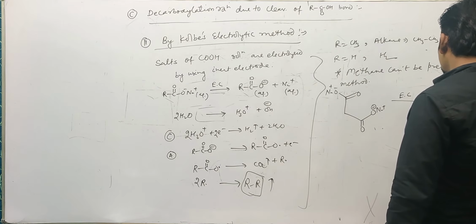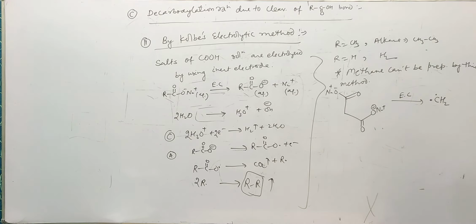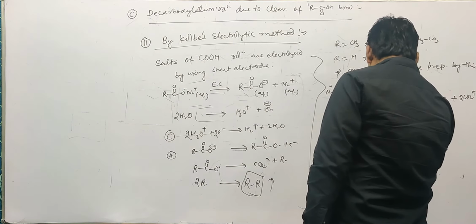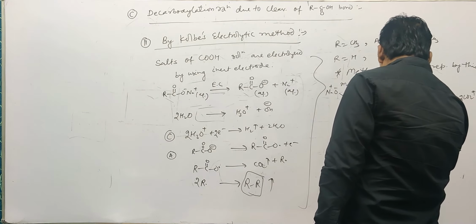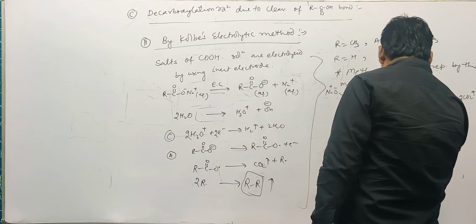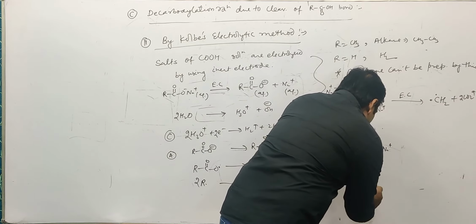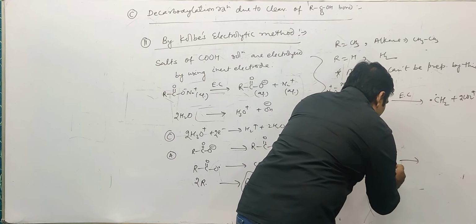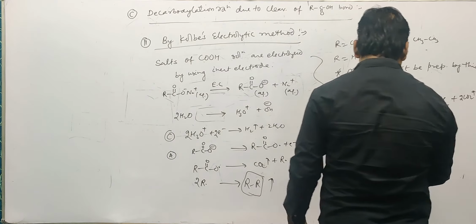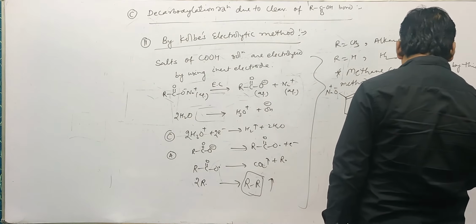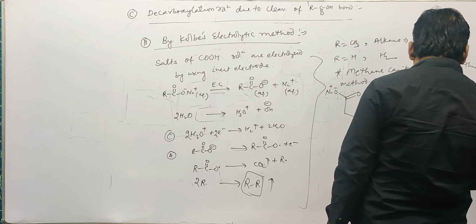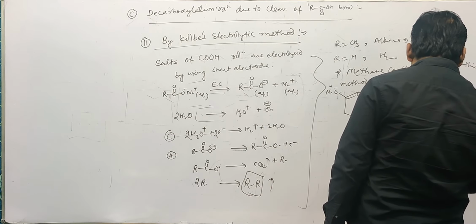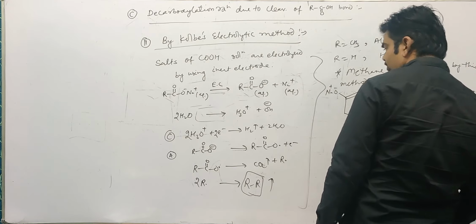So CH2 will be a triplet carbene plus 2 moles of carbon dioxide. If you use the succinic acid salt with O minus Na plus in aqueous solution, it forms the corresponding CH2 plus carbon dioxide gas.